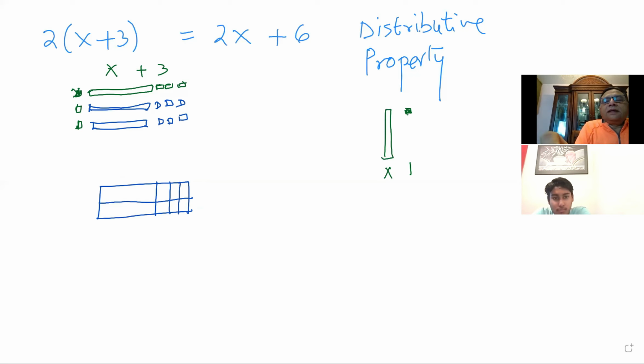In this particular case, one side of the rectangle is x plus these 3 units, correct? Yes, sir. And the other side is 2 units, 1 plus 1. Okay, sir. So what we get here is these are my 2 x's and these are my 6 units. So I could write this as 2x plus 6. Is this clear to you?